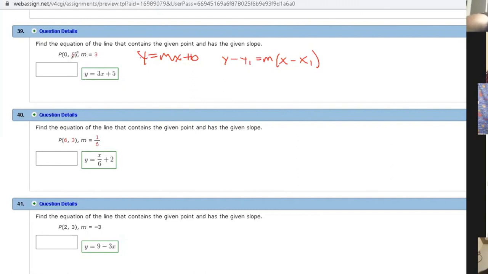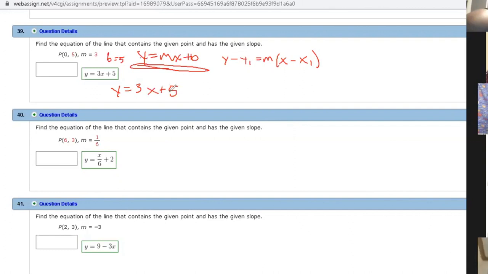Everybody see that? So because this is a y-intercept, we can use this form because b is the y-intercept, right? So all we have to do, since we know that b equals 5, all we got to do is just plug in our m, which is 3, and our b, which is 5.